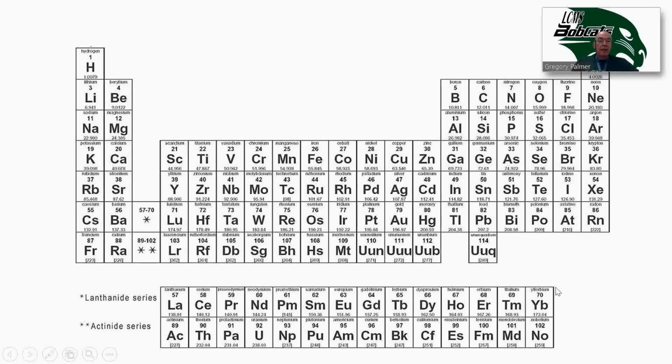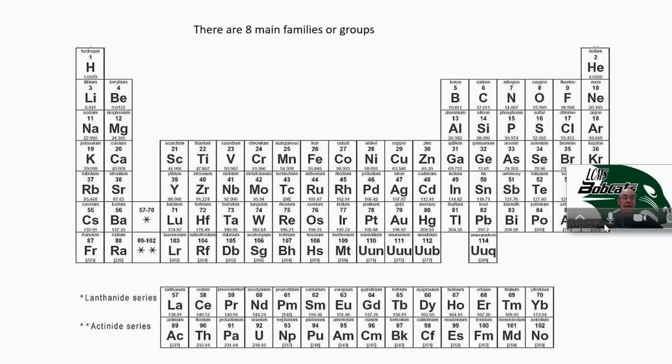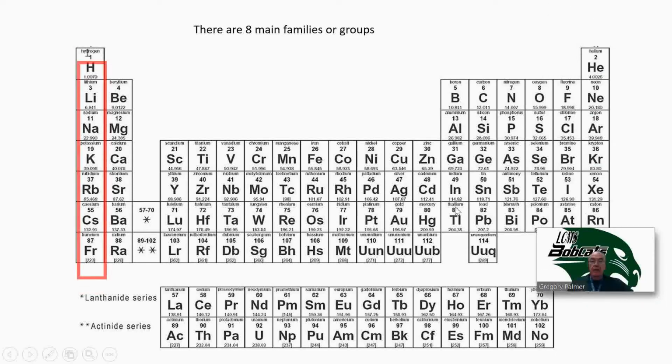I'm going to take a look at the periodic table and apply what we just learned. Okay. There are 8 main families or groups that we're going to be dealing with in the 8th grade. There's family 1, so every element in family 1 has similar properties and similar characteristics. Lithium, sodium, potassium, rubidium, cesium, and francium all have similar characteristics, and they would all have one valence electron.